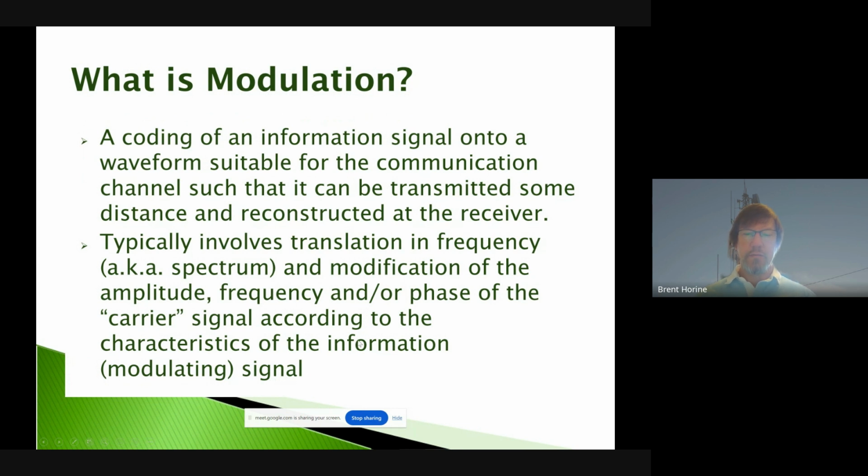Right? So we've got some information signal, we want to move that, but it's not convenient to do it at the frequency that this information is at. So we're going to translate it to another frequency using what we call a carrier signal.